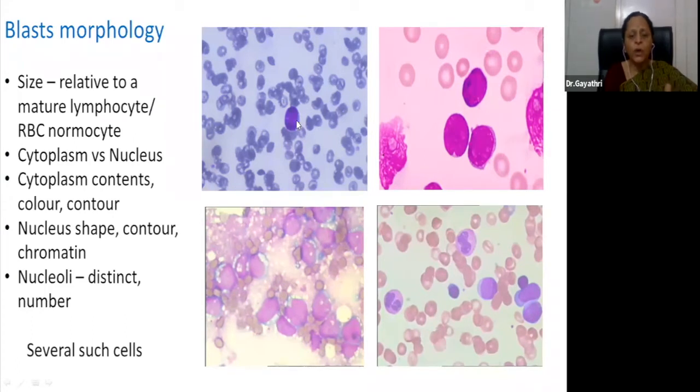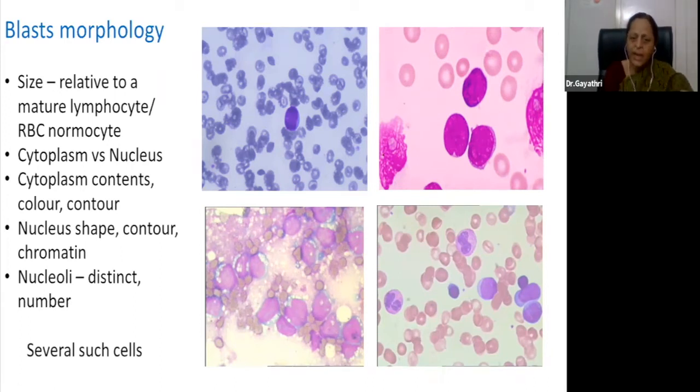What I will try to do now is to show you several images of varying blasts. The thing about blasts is that it's not as if they come with one particular description or one standard appearance. All these are blasts. What type of blasts we need to identify.